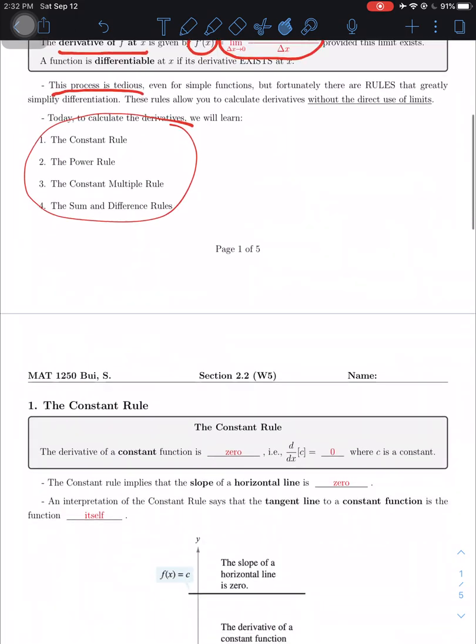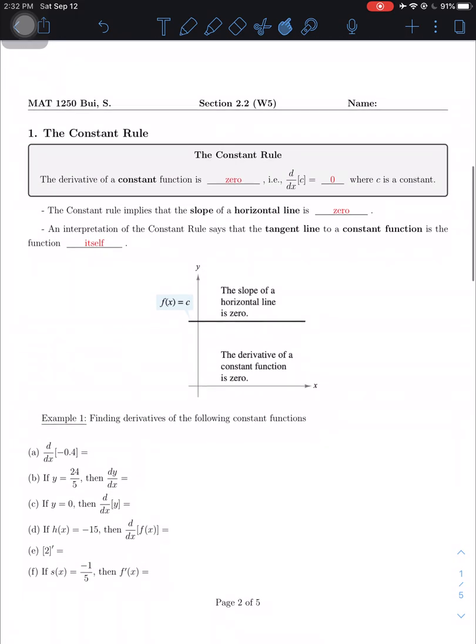Now let me talk about the first objective of today, the constant rule, the first rule among the 4 rules that I mentioned on the last page. The constant rule says that the derivative of any constant is equal to 0. For example, the derivative of negative 0.4 is 0, because this number doesn't have any variable.